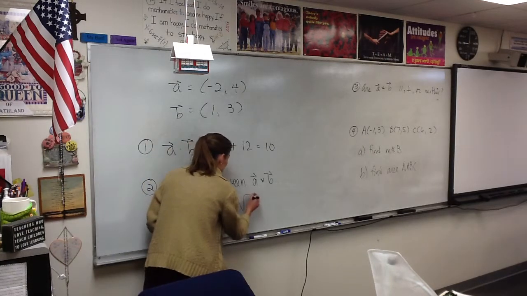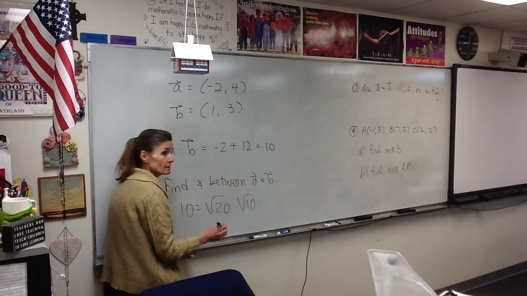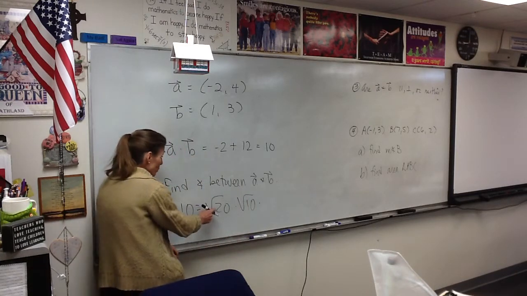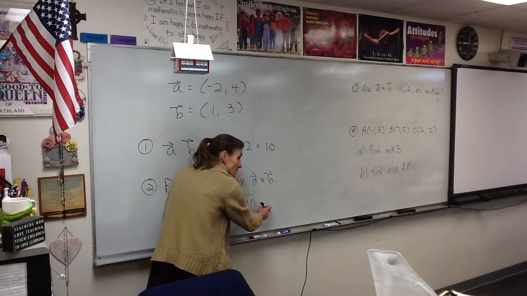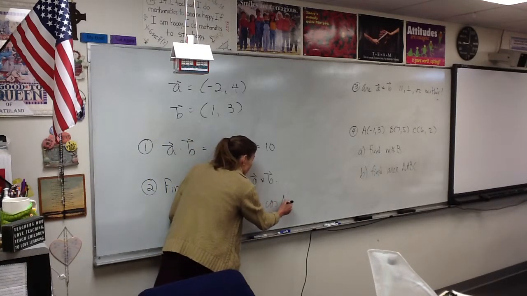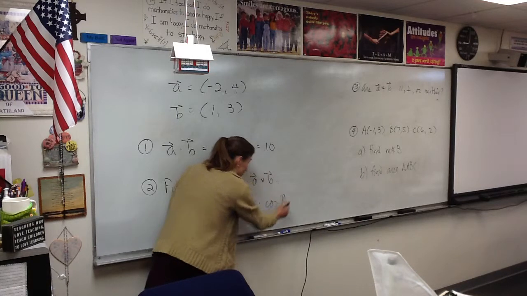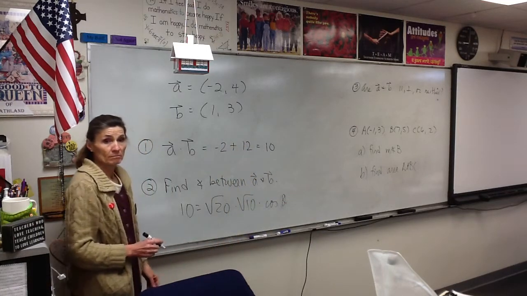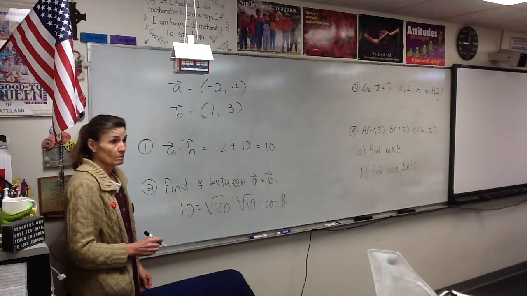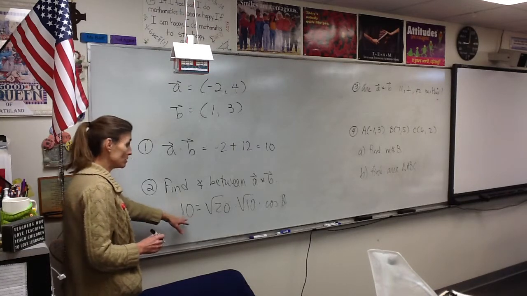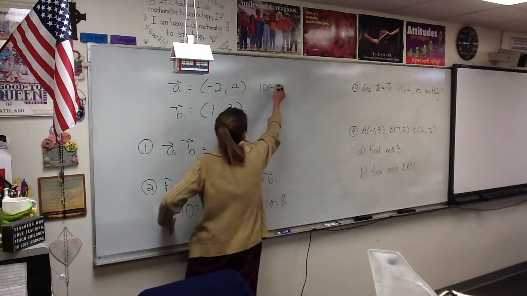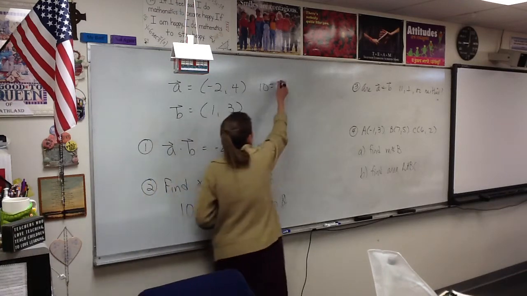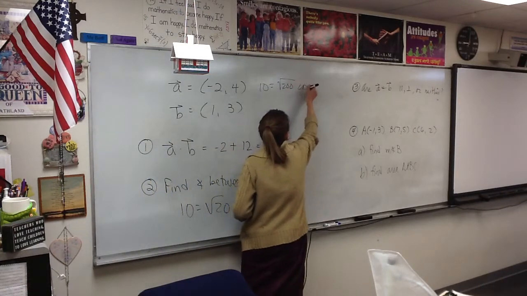Root 10 times what? Dot product equals magnitude times magnitude times cosine of the angle between them. Right? So I'll bring it up here. We have 10 equal to root 200 cosine theta.